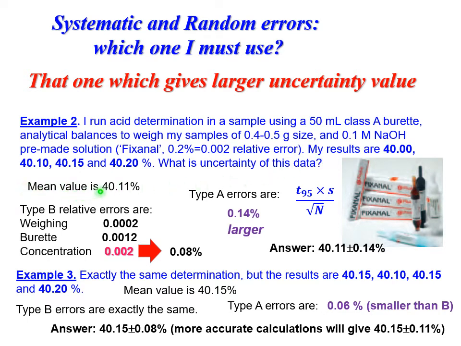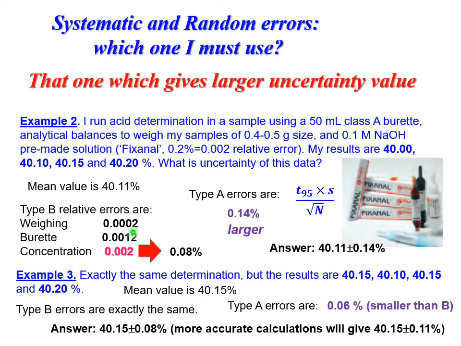First, average or mean is easy to calculate and it's 40.11%. Now I want to estimate error coming from type B. Errors of weighing, so tolerance of my balances divided by weight of my sample, will give me a very small number. A burette will give much more visible number.